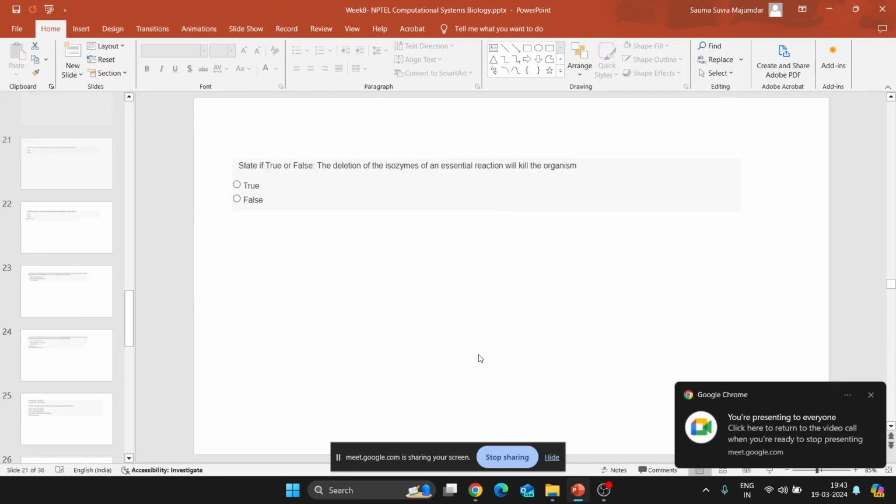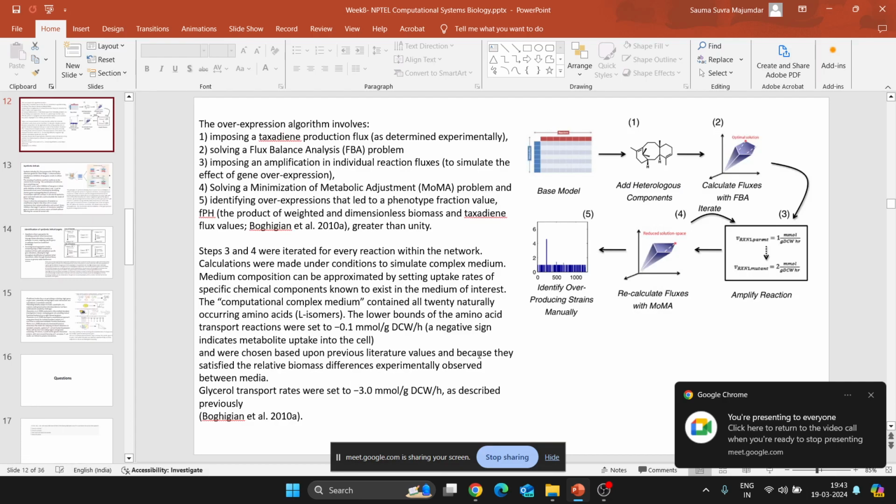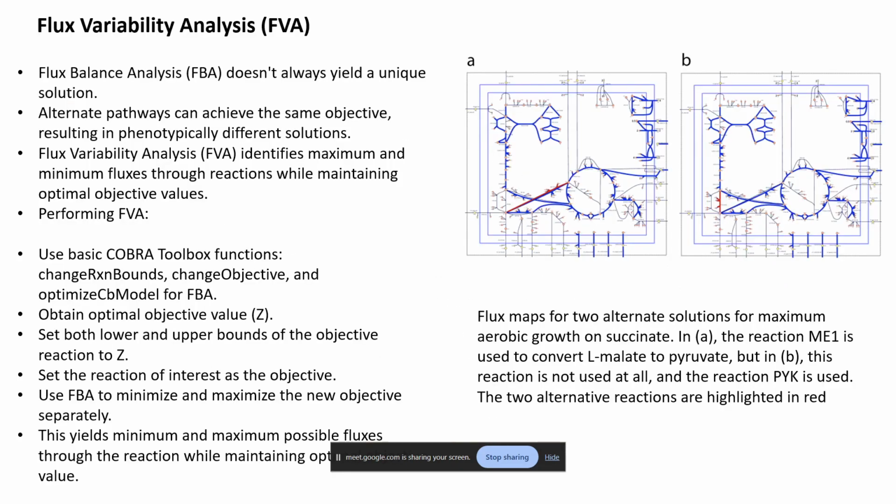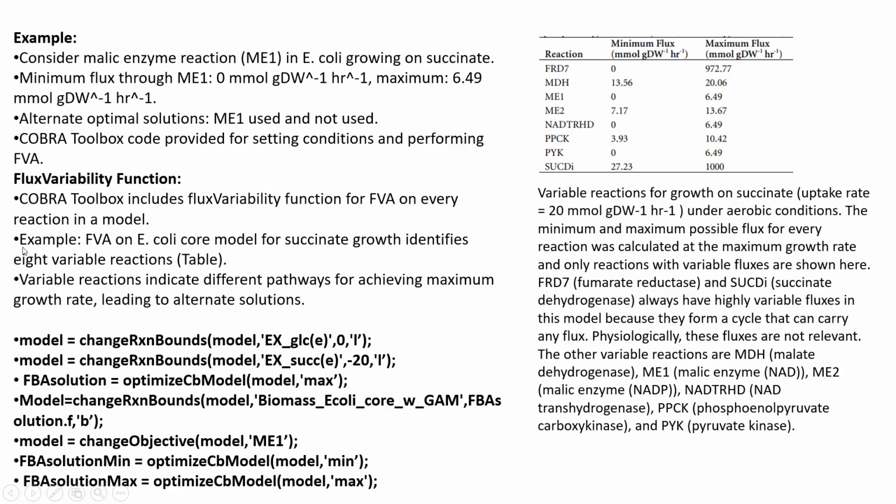Basically, this is the example that I showed for FVA. Here you're getting two alternate pathways, one through ME1, one through PYK. This is how your FBA works in Cobra Toolbox. Your Cobra Toolbox will have these functions, so you can change your reaction bounds and change your models.